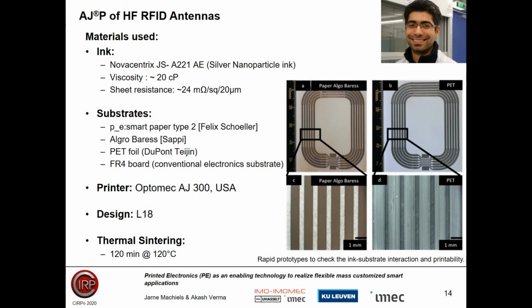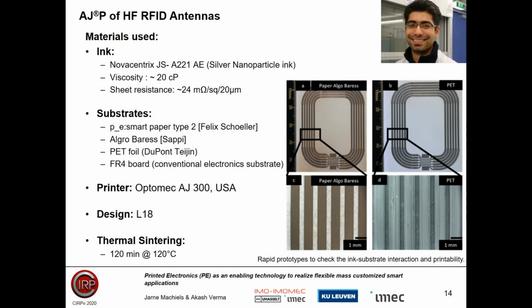In this work, we used Novacentrix silver nanoparticle ink with a viscosity of 20 centipoise and a sheet resistance of less than 25 milliohms per square. 4 different substrates were used. The 2 paper-based ones are PE Smart Type Paper 2 and Algobarus. The others are standard PET foil and FR4 board.